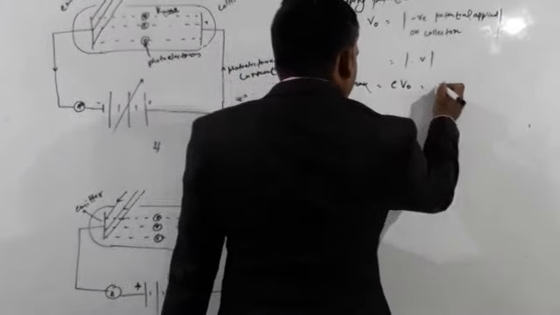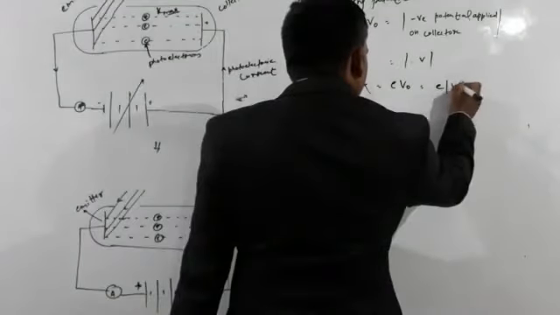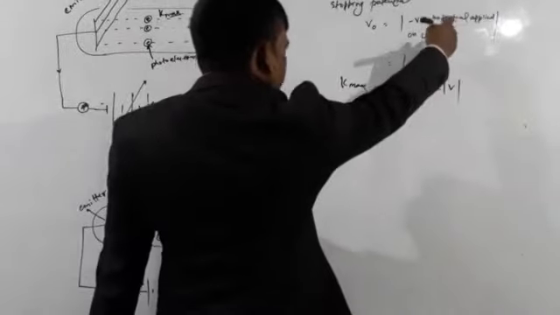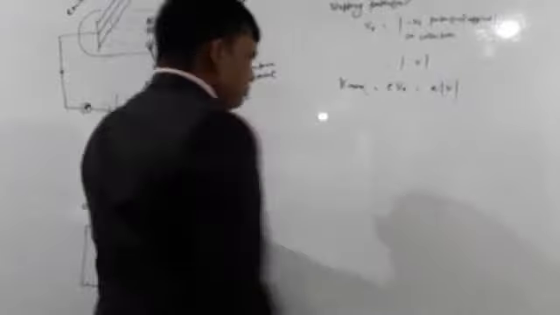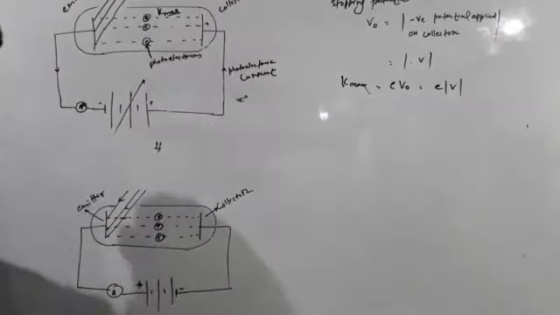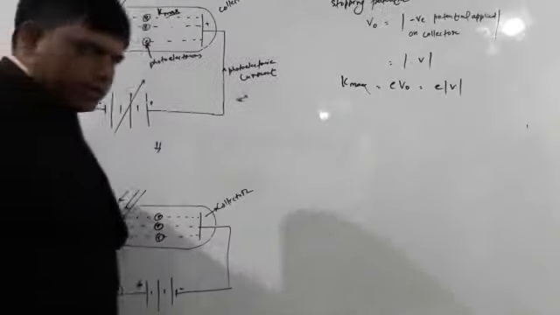And this is equal to e times the modulus of V, where V is the negative potential applied on the collector, so that the photoelectrons do not fall on the collector.